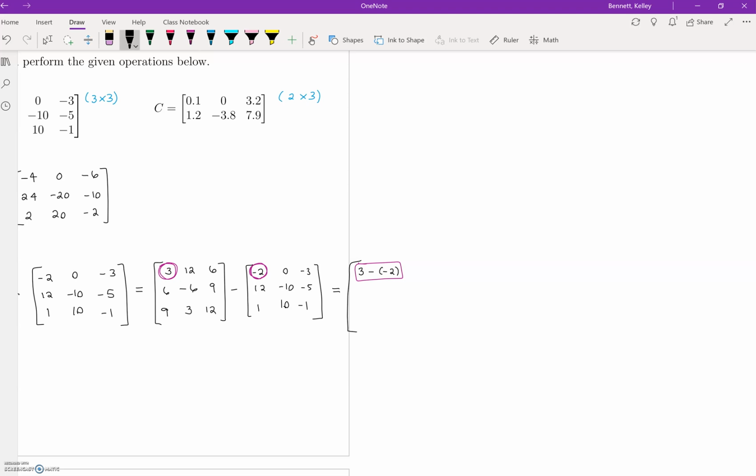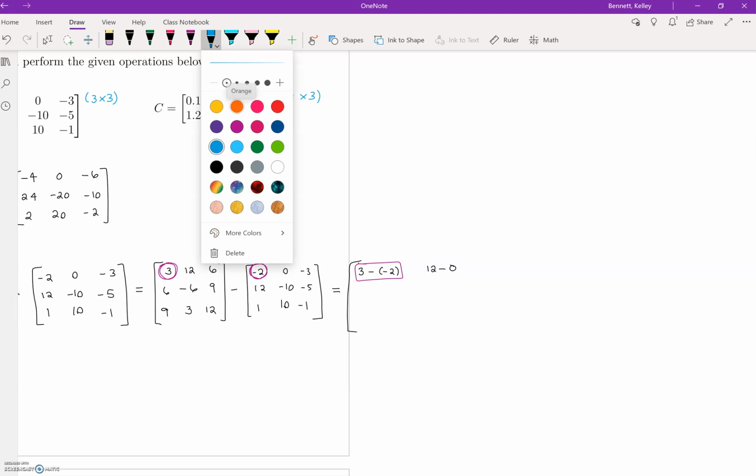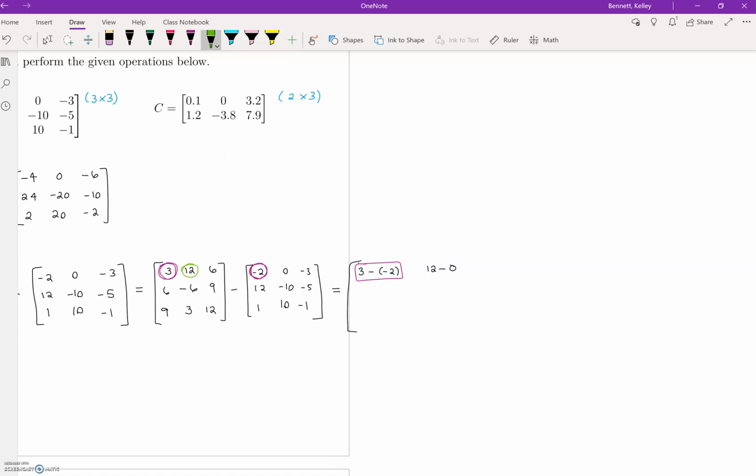So in the next space over, I'm going to get 12 minus 0. So again, looking at first row, second column. So I'm here, here, and that brings me here. And I'm not going to highlight a color for each term, but hopefully you're kind of getting the picture here.